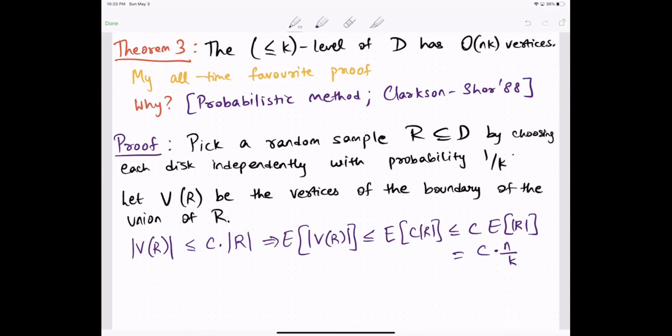So what we have done is we have come up with an upper bound on the expected value of the size of V of R. Okay, so next we'll try to come up with a lower bound on this quantity.